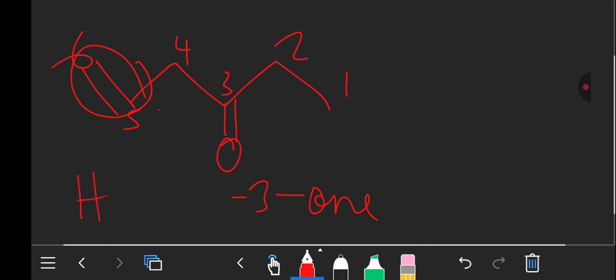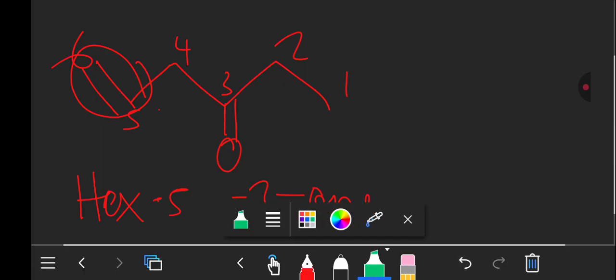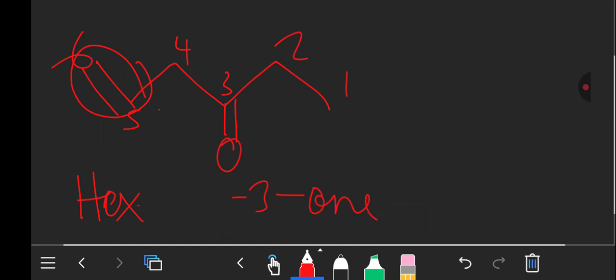So I'll say hex. Where is this double bond? At position number 5. So I'll say 5. Let me write it properly there. So it's hex-5-en-3-one, like that. So that is how to name this compound. Let's have another example. Let's have this.